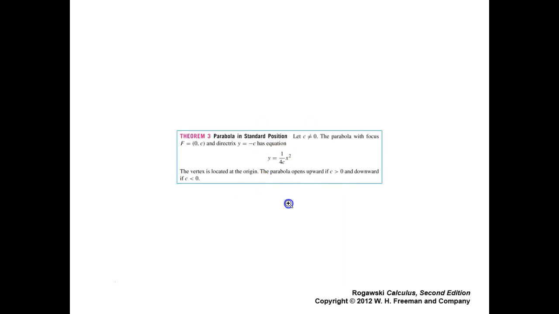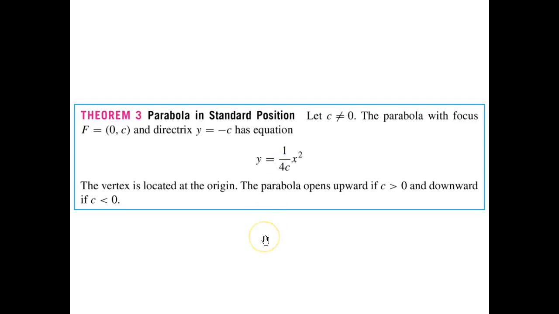Now, we won't find this particular formula very useful in what we do later. It's okay, it's true, but that's a little bit how it's going to look. The focus at (0, c), directrix is y equals minus c. Then y is equal to 1 over 4c times x squared. That's how your parabola always looks.